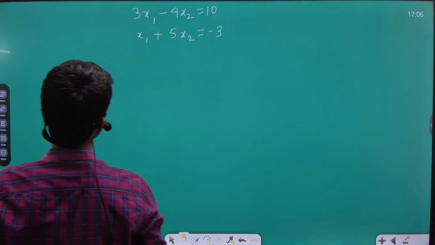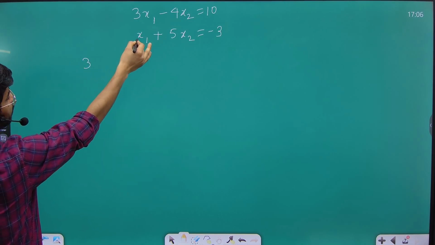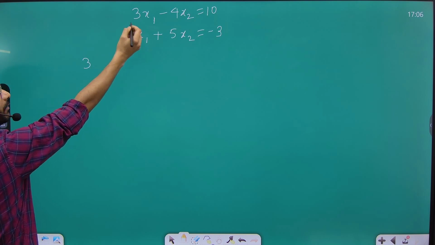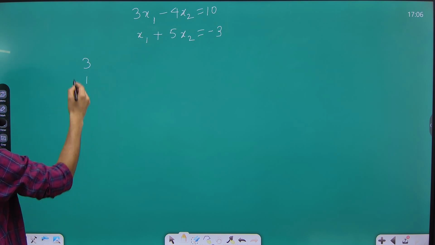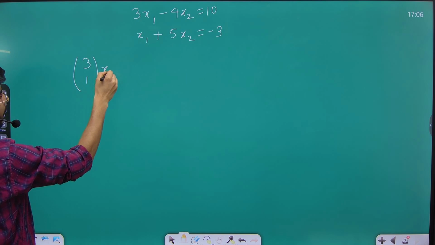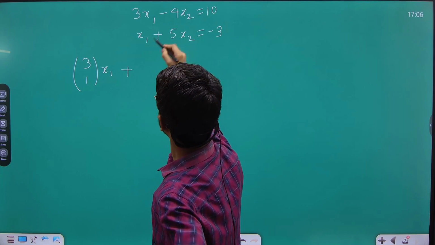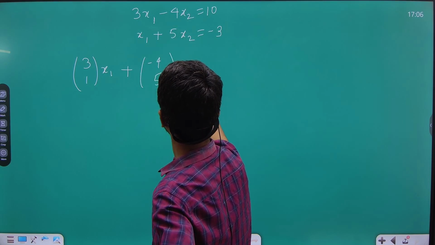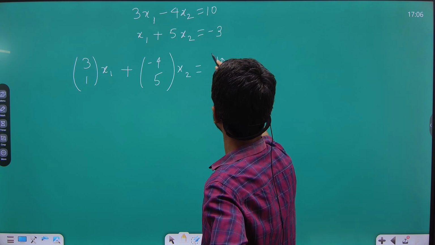Then you can represent it as: 3, and here if there is nothing, then you will have the multiplication of 1 with the given vector. So it's [3, 1] multiplied with x1, and again here it's negative, so it would be [-4, 5] multiplied with x2, equal to [10, -3].